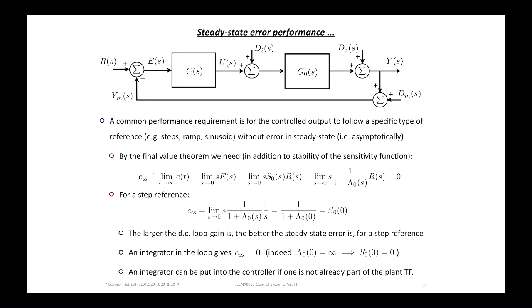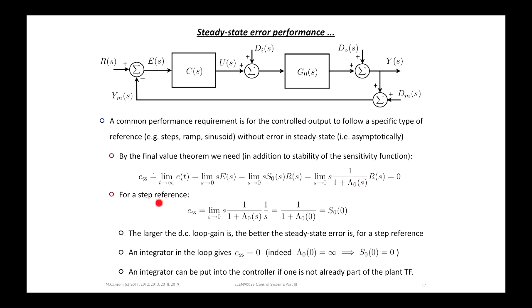That really shouldn't be surprising. All of these guys enter the loop in the same way. So looking from here to here is like looking from here to here. There might be a sign change. So that's just saying what the error signal is.